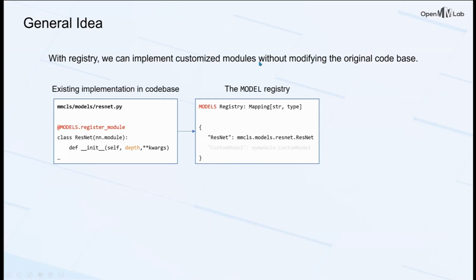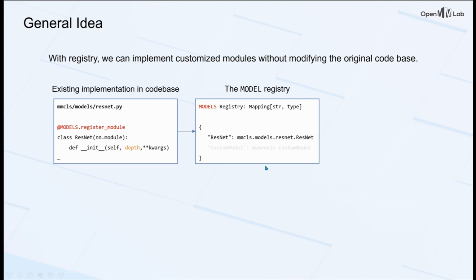With the help of the registry, we can do customization in a very easy way. As we have just explained, the registry maintains a mapping from the class names to the actual classes themselves. When we supply the types in the configuration files, the registry will look up and get the class and then build it based on the argument list.